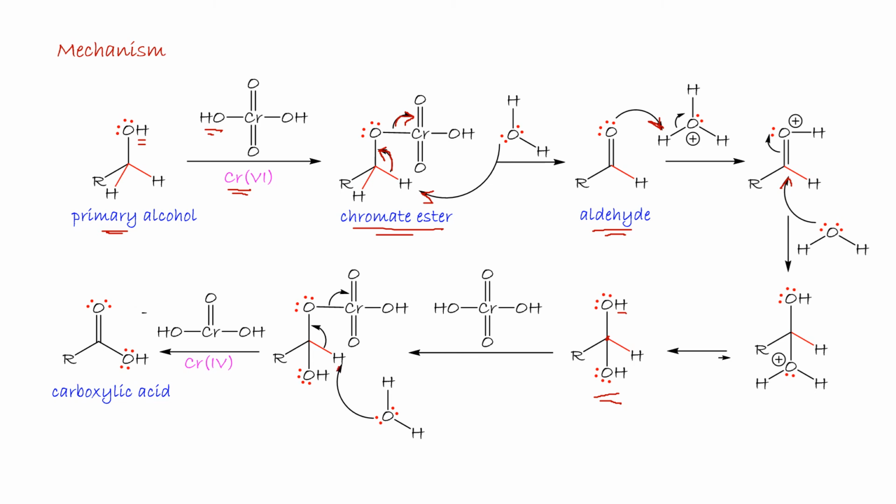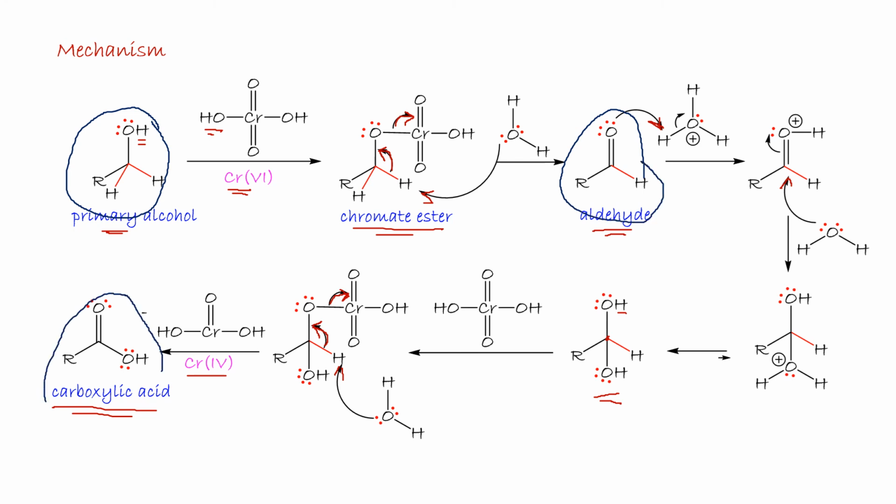A molecule of water will act as a base, proton transfer, forming a double bond, kicking this out to eject chromous acid where chrome is 4, and the rest will be the carboxylic acid. So primary alcohol, first oxidation to an aldehyde, second oxidation will be carboxylic acid.